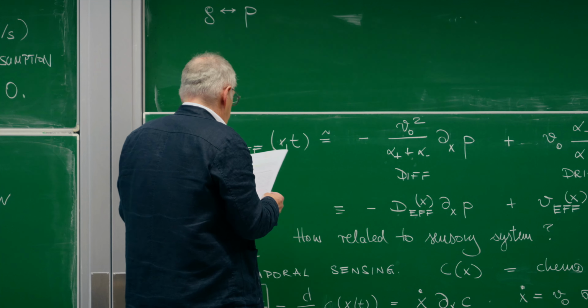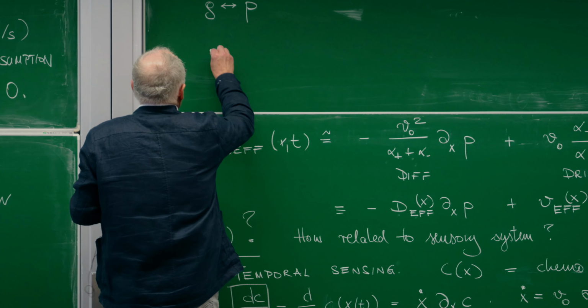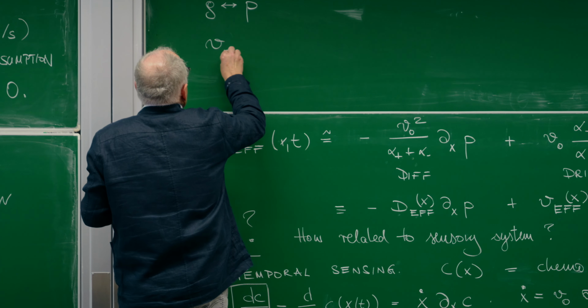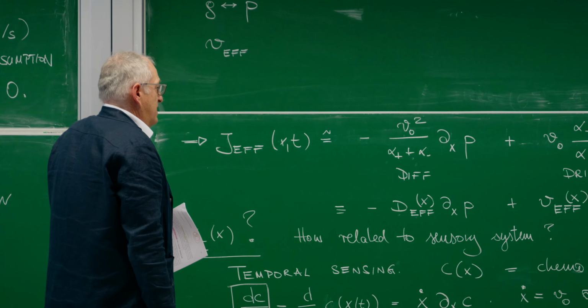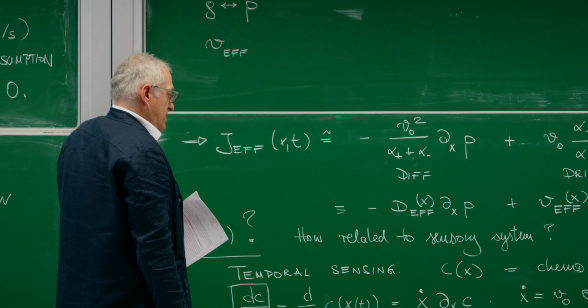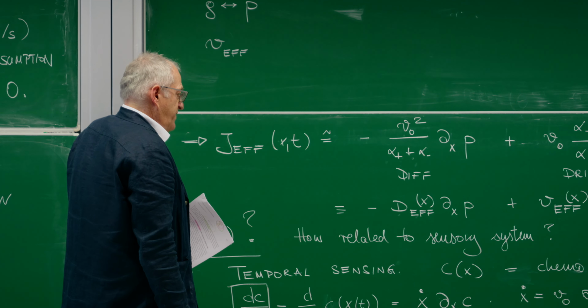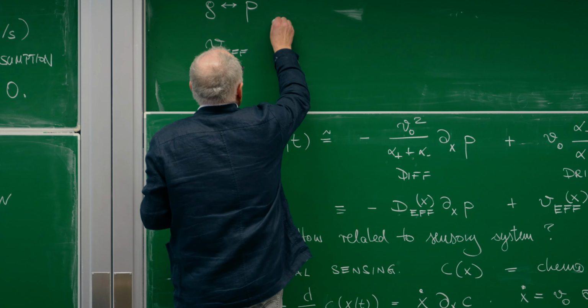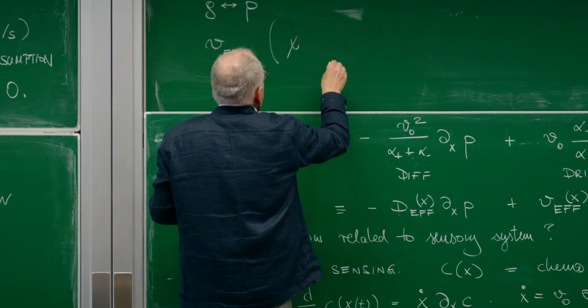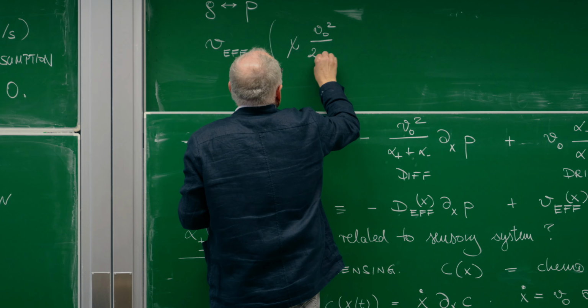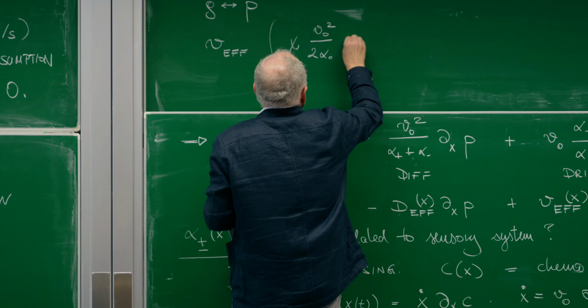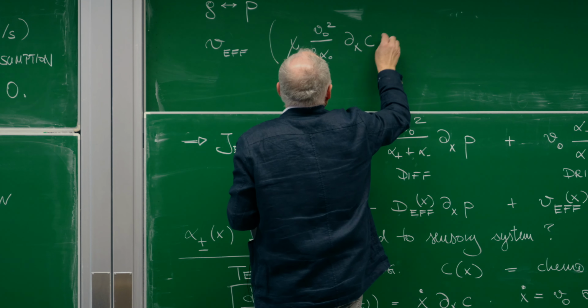So what would be the replacement for our effective drift velocity? So remember, this was chi times v naught squared over 2 alpha naught times the gradient of c.